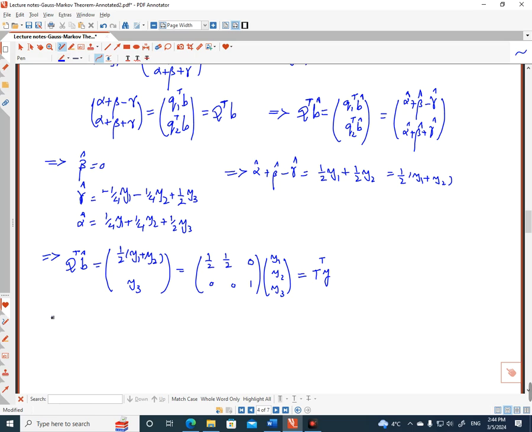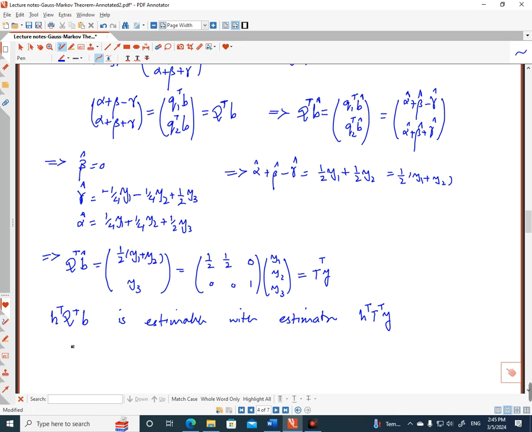Now let's look at the function, or better say linear transformation, H prime Q prime B. We know that according to the theorem it is estimable with the best estimator being exactly H prime T prime Y. We want to show it here.